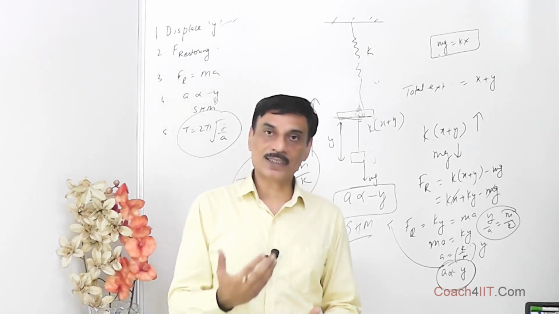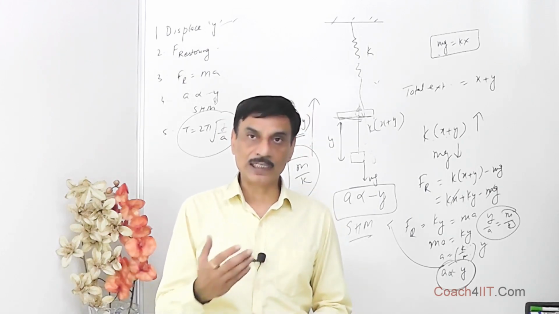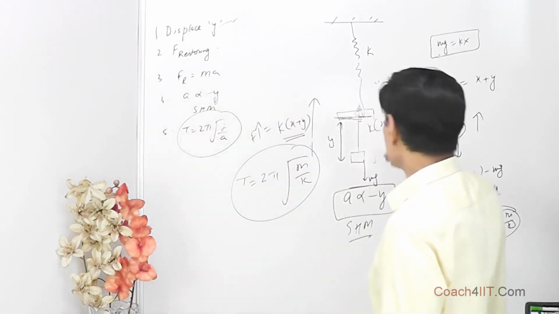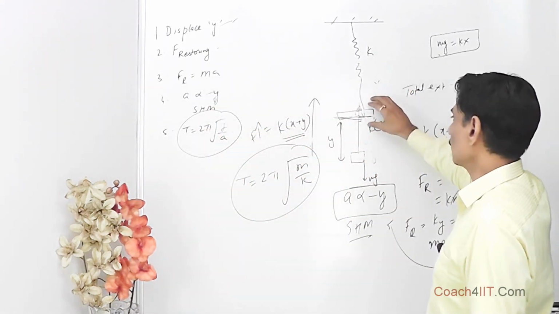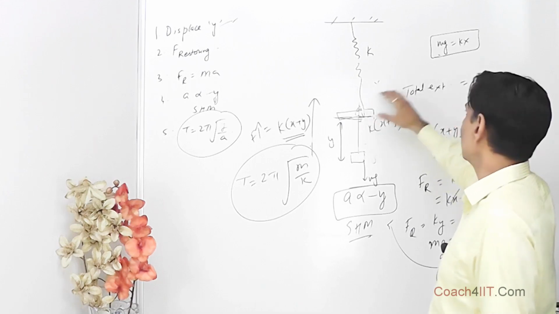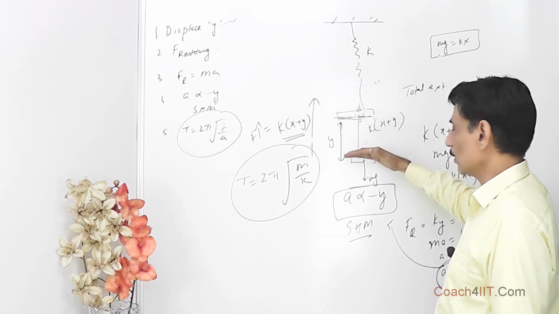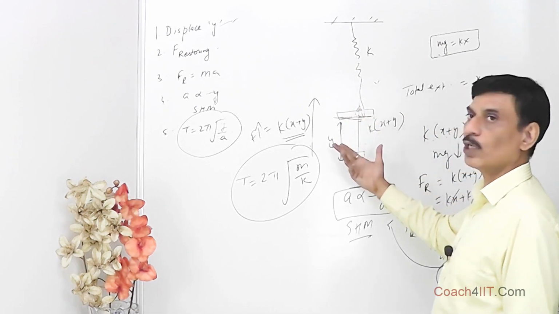In a quiz, etc., where there are only multiple choice questions, it is advisable, instead of spending time on how this equilibrium position has been achieved, that is mg equal to kx, to directly displace it from the mean position and go for the extra restoring forces.